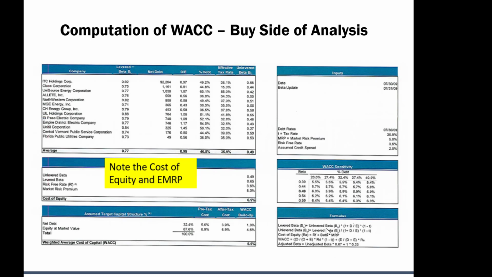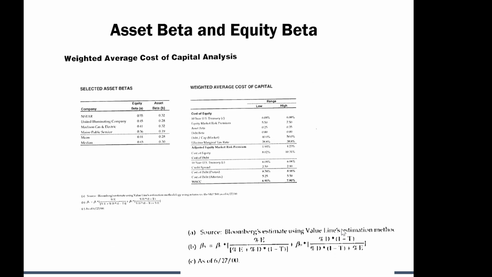They take the levered beta that you can get from a source like Yahoo Finance or Value Line or something, and then you divide it by the debt plus the equity, and you should make a tax adjustment on the debt part of this.